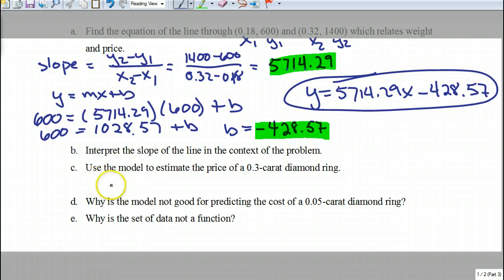Part C says, use the model to estimate the price of a 0.3 carat diamond ring. So all we're going to do here is put that in to our equation for x.